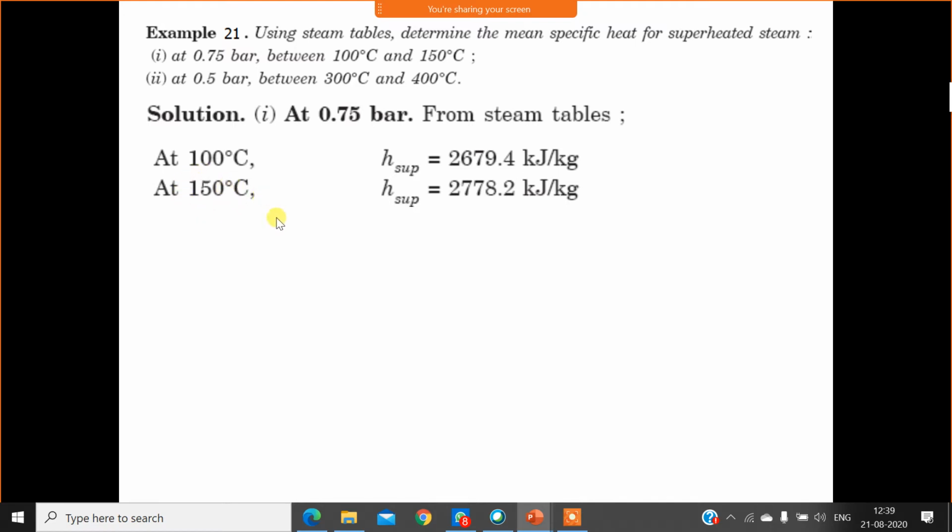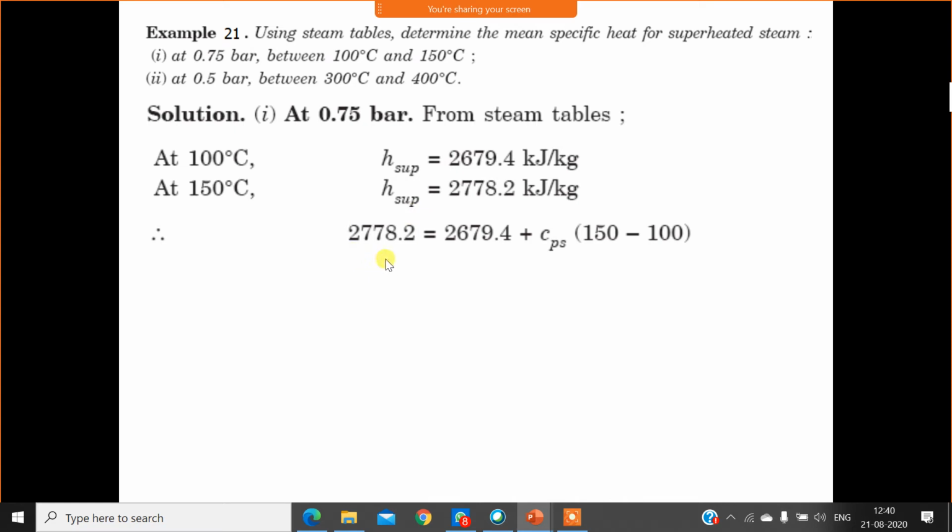Using the formula, enthalpy of superheated steam is equal to Hg plus Cp times T superheated minus T saturated. Superheated temperature we are considering 150, and saturated temperature 100 degrees Celsius. This is the value of Hg we are considering because we take 100 degrees Celsius as the lowest temperature. In this case it is not saturated, but we are considering it as the lowest temperature.